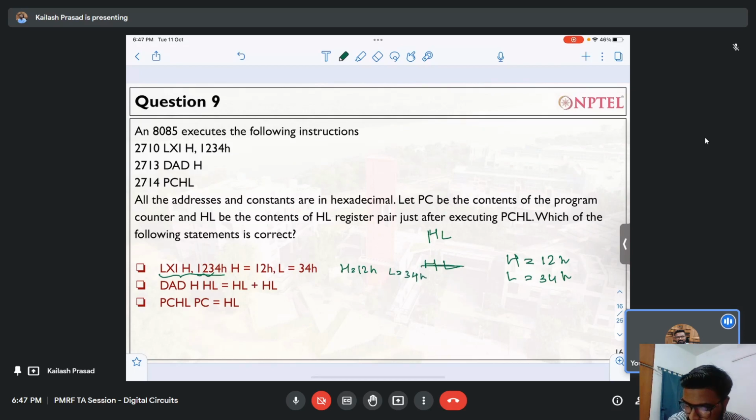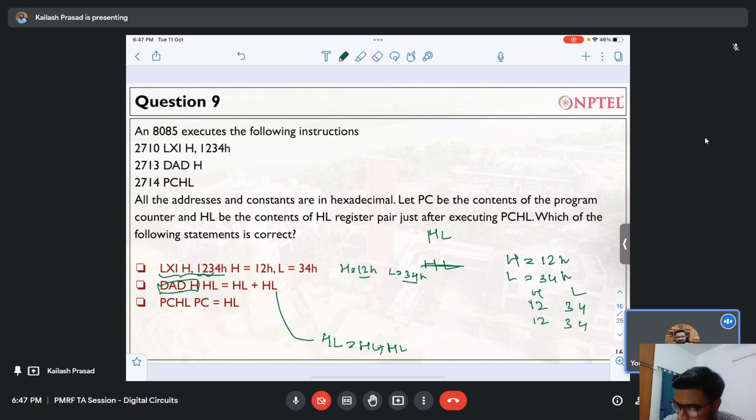After this, now what you have to do is a double addition. DAD means double addition. So here DAD H actually means HL equals HL plus HL. So what we are doing is adding 1234 with 1234.